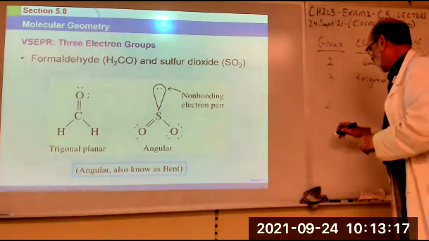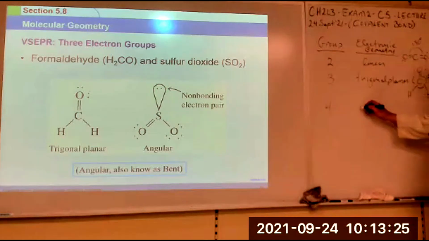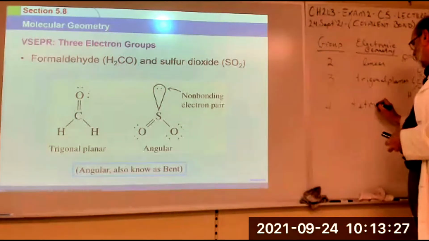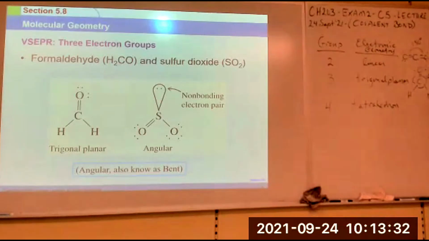If you have 4 bonding pairs, then what's the most efficient arrangement of those 4? A tetrahedron. Methane is the best example here, or carbon tetrachloride, that would work.